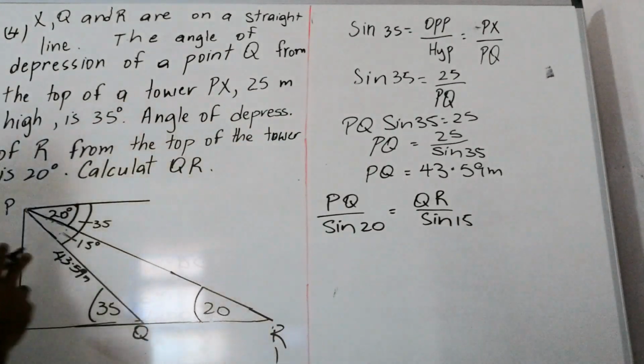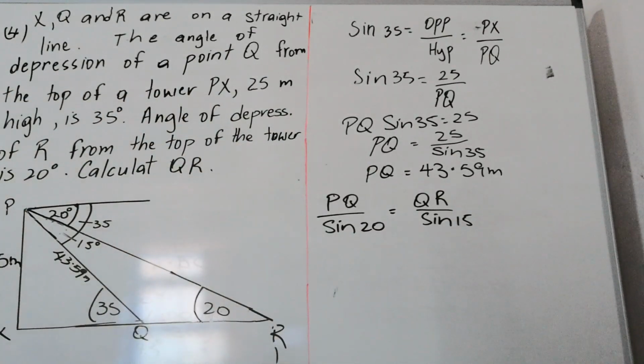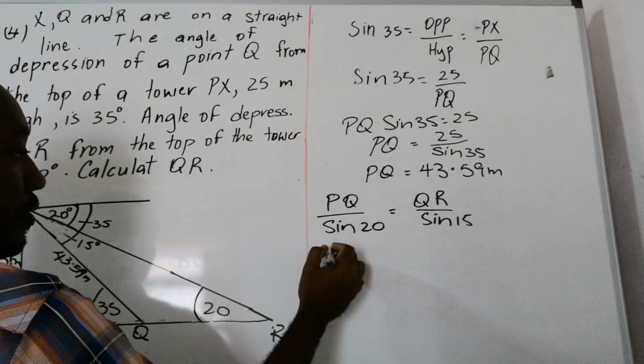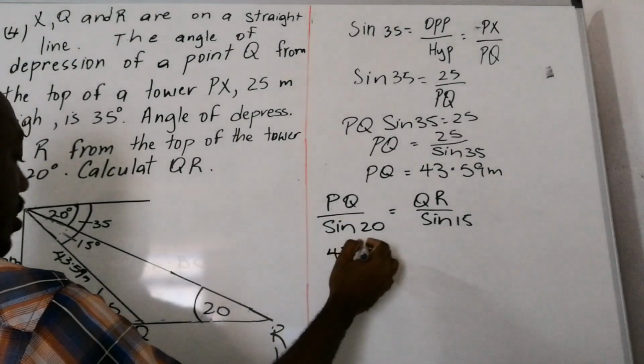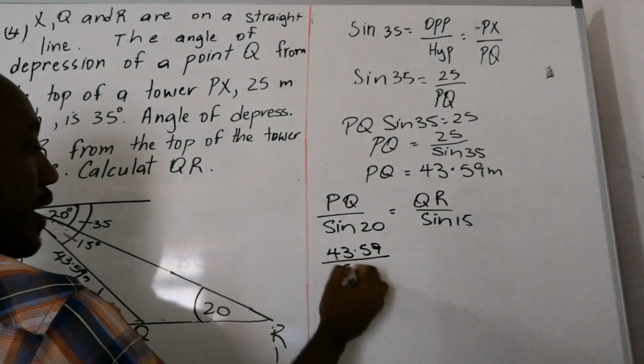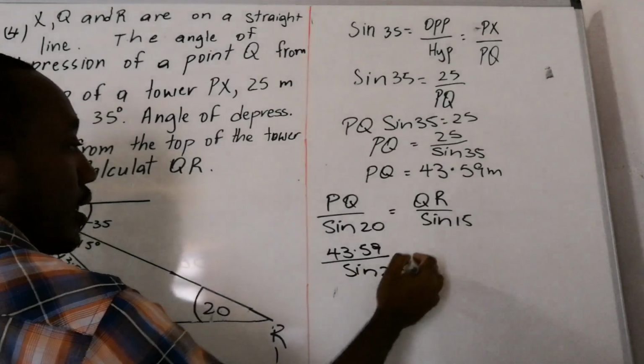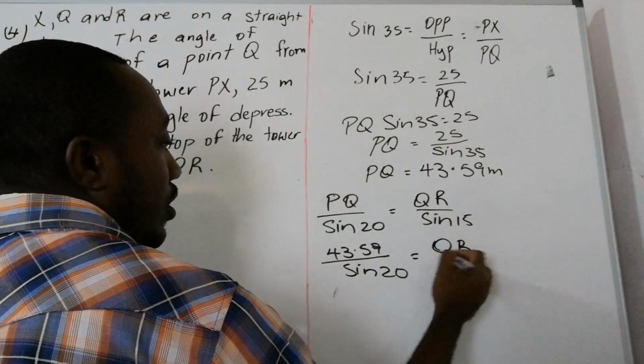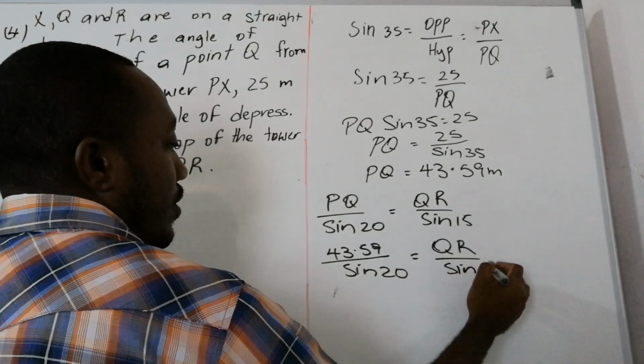Now we just found PQ as being 43.59. So 43.59 over sine 20 is equal to QR, the side that we need, over sine 15.